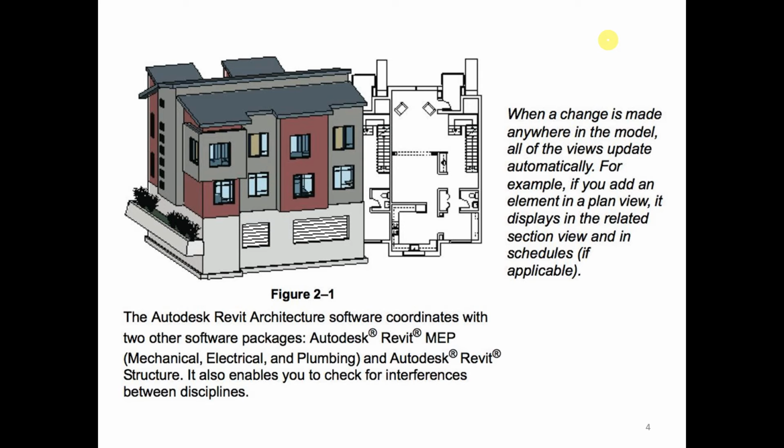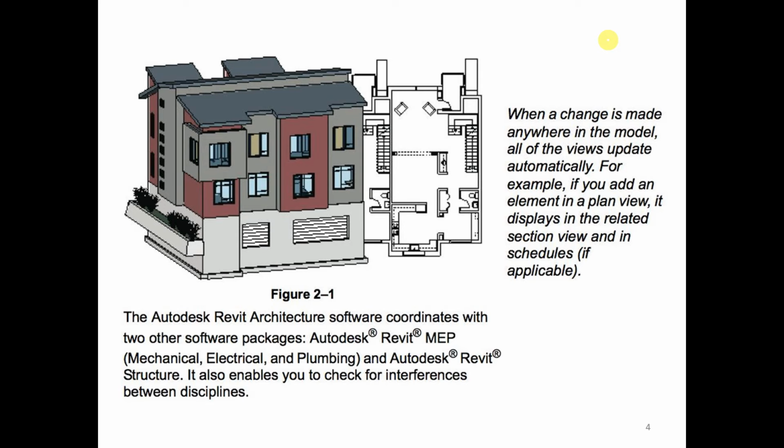Now, Autodesk Revit coordinates with two other packages, Autodesk Revit MEP and Structure. Now the Revit software itself, the software you're using for architectural purposes, can be used for structural and it can be used for mechanical.